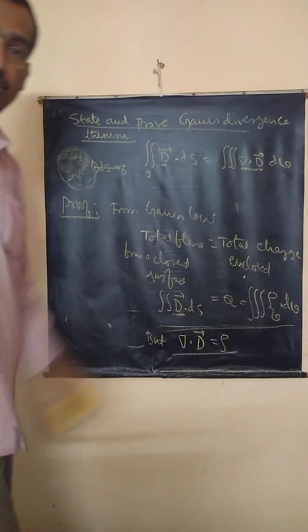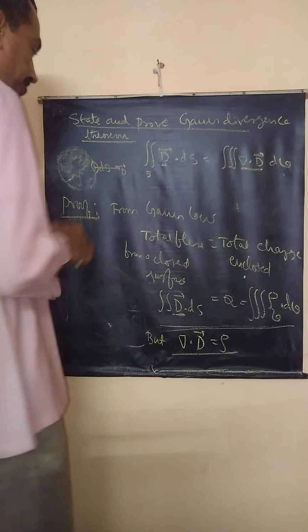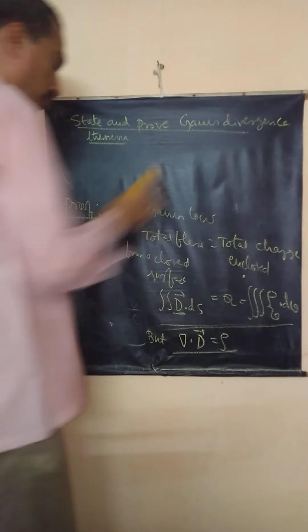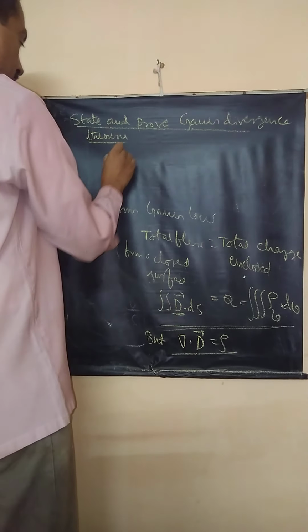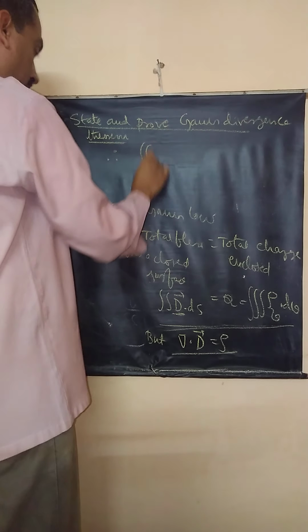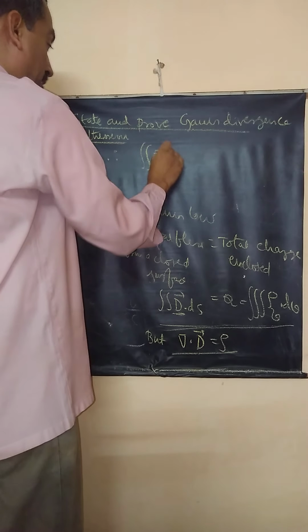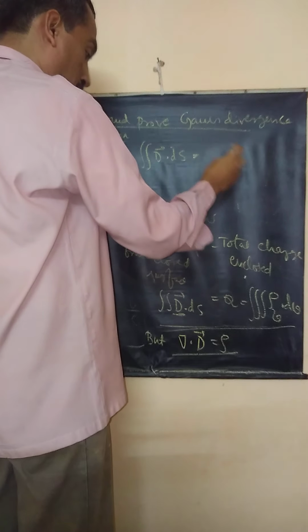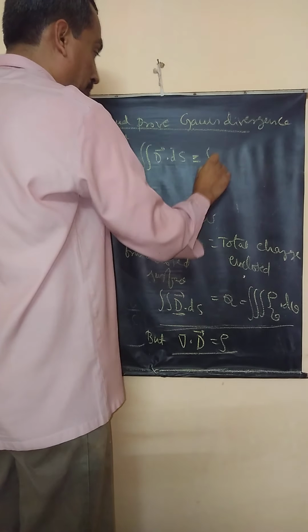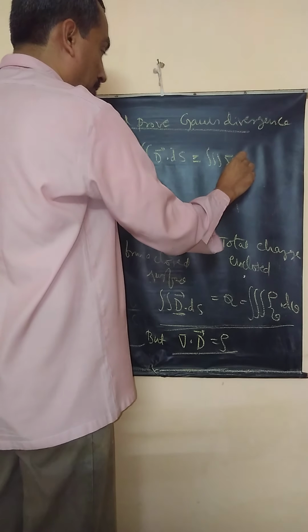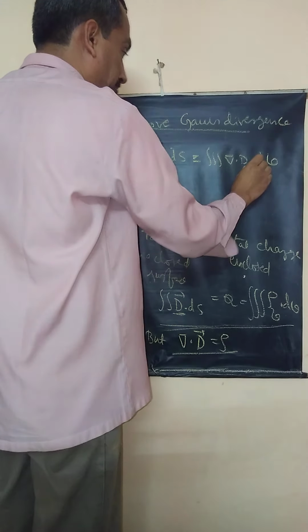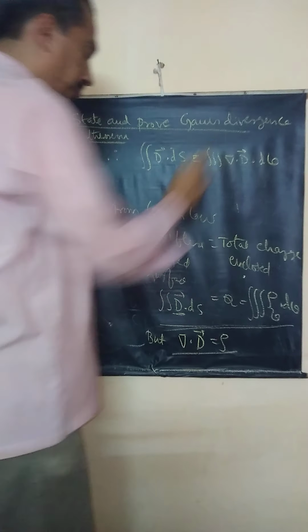So I'll substitute that here. Therefore, see here, D dot ds, total flux, is equal to the triple integral of del dot D dV. Correct?